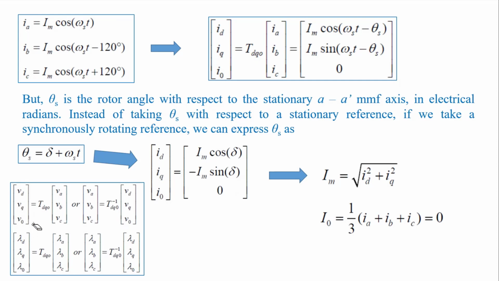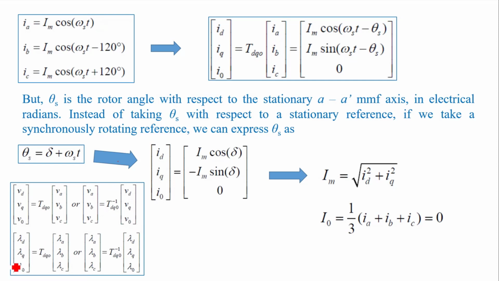Now if I transform the stator voltages VA, VB, VC, then I can write VD, VQ, VO equal to TDQO times VA, VB, VC. Or I can say that VA, VB, VC will be equal to TDQO inverse times VD, VQ, VO.